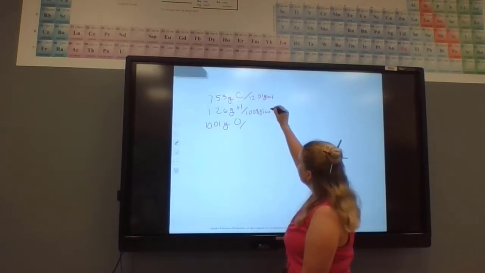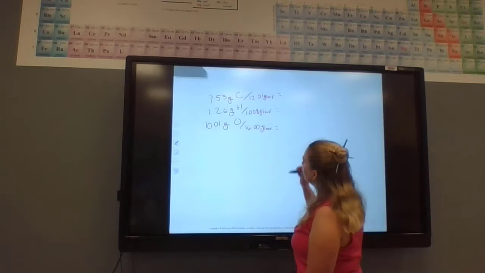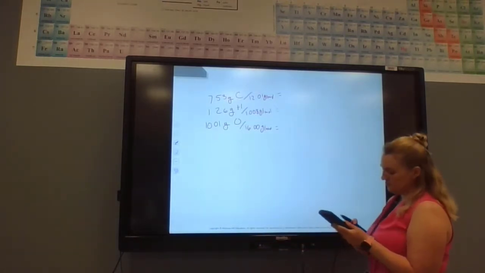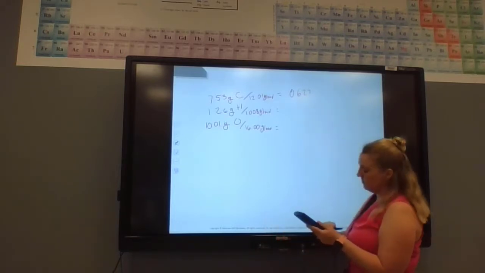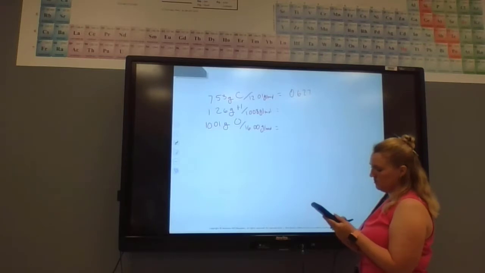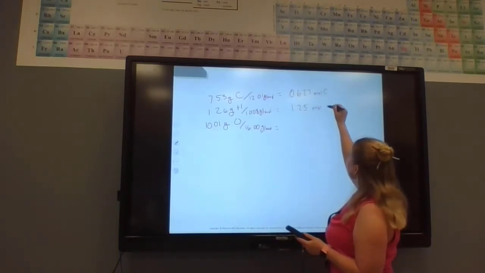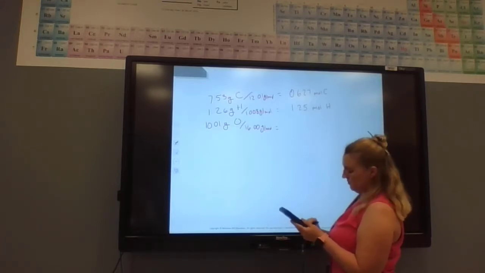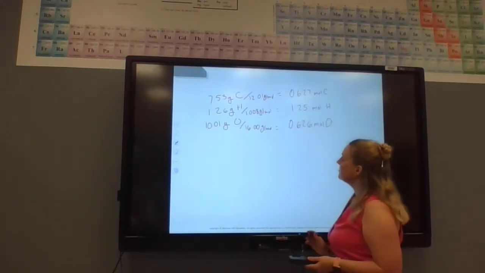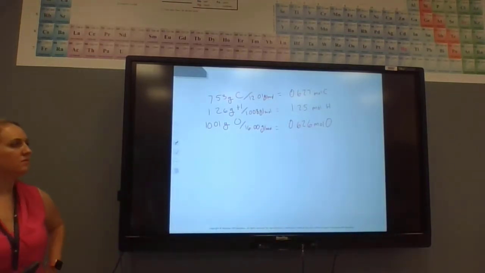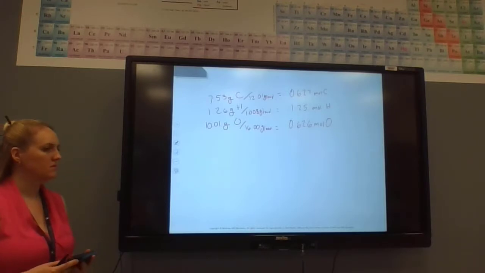Molar mass of oxygen, 16. Divide by what?